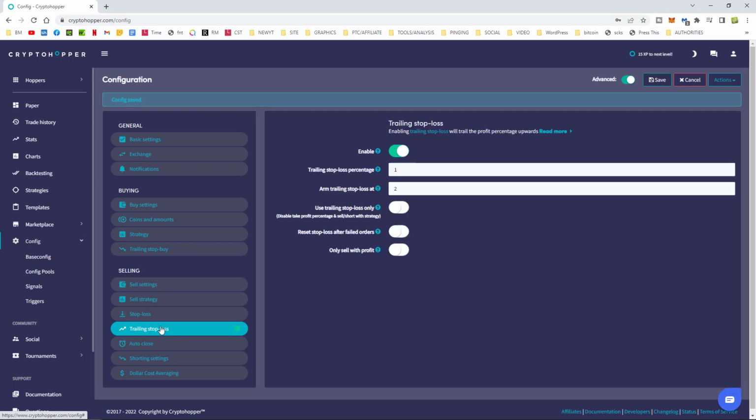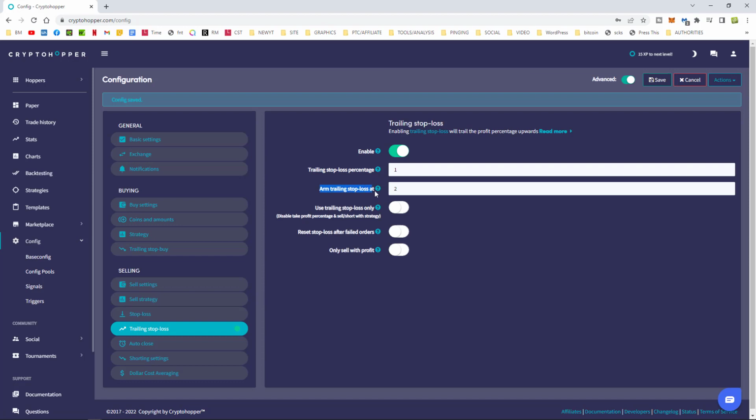Trailing stop loss. This is where the bot will decide when to sell. Don't get confused. Some people get this mixed up the wrong way around, and in fact arm trailing stop loss would make more sense if it was up here in this option here, but it's the other way around.